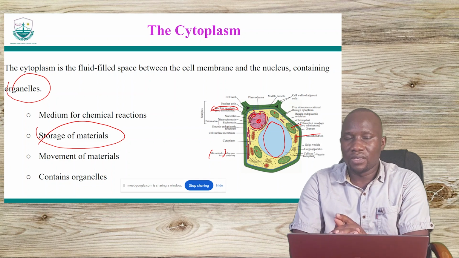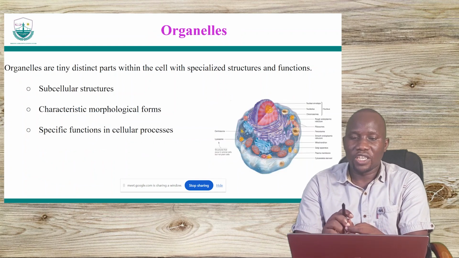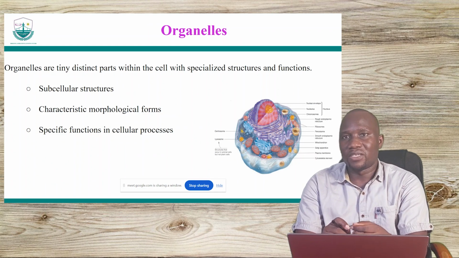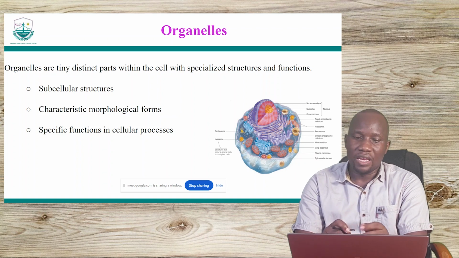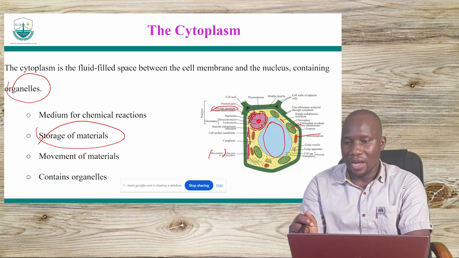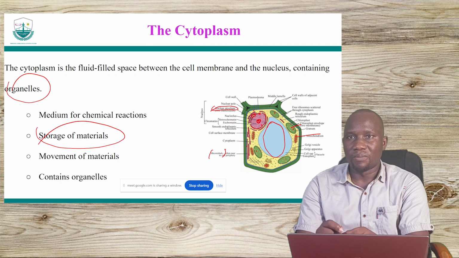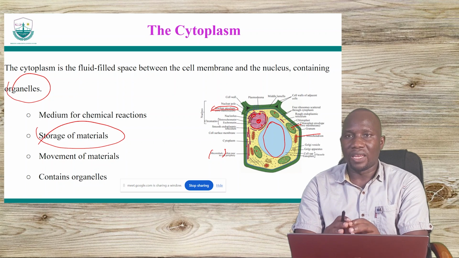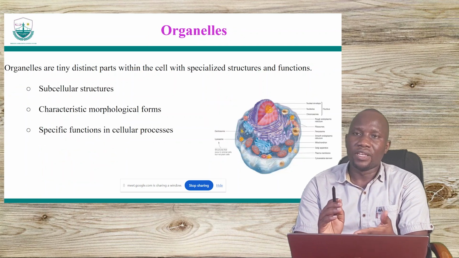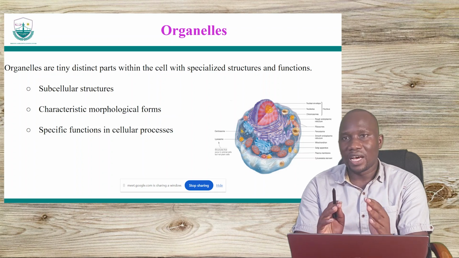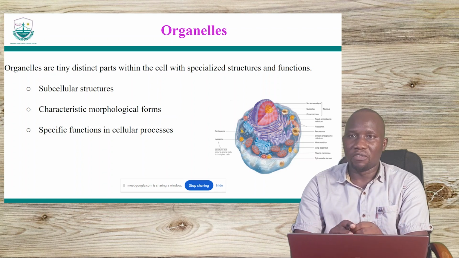So organelles are those small structures that perform specific functions. They have specific structures that allow them to carry out this function. In the previous image, this image here is for a plant cell, and this image here is for an animal cell. Whether it is a plant cell or an animal cell, all of them have organelles, tiny structures with specialized structures that allow them to carry out specific functions.